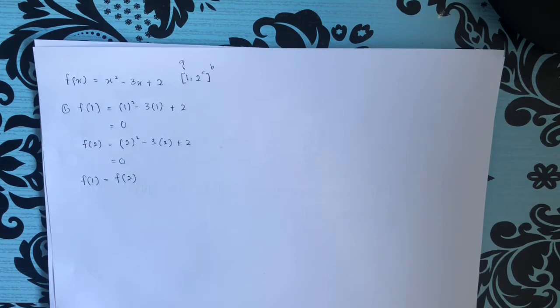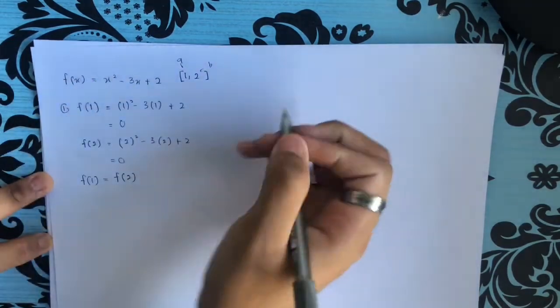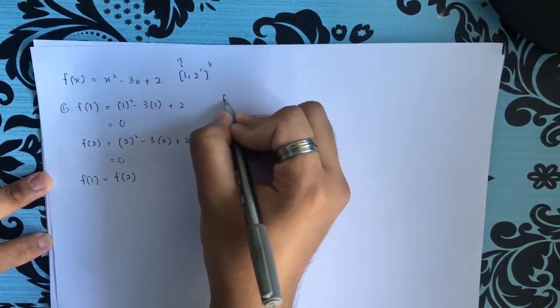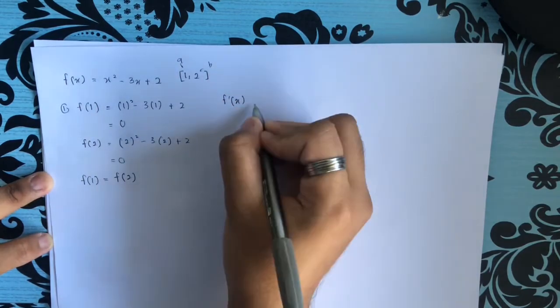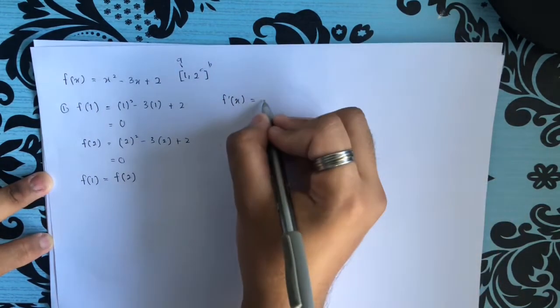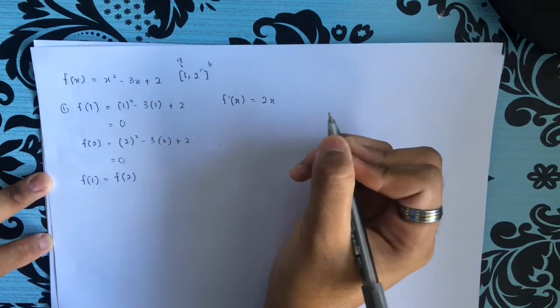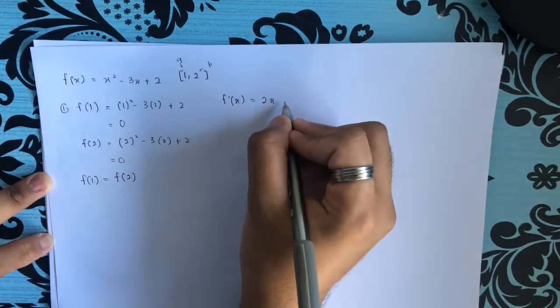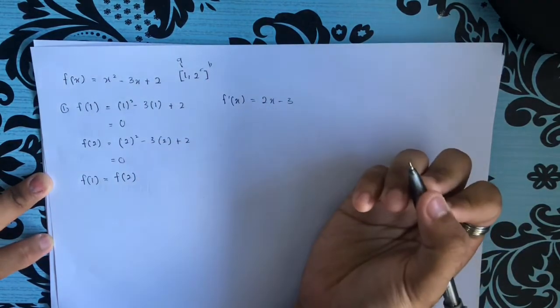So to find the critical point, first we need to differentiate the original equation. We need to find f prime x. Differentiating x power of 2, we get 2x. Differentiating negative 3x is negative 3, and differentiating 2 is 0.